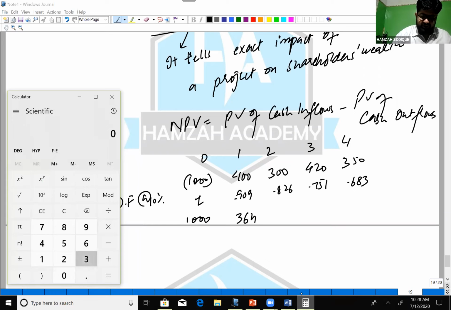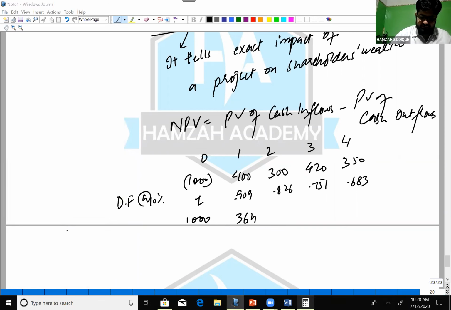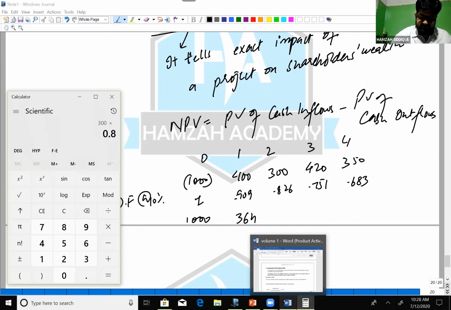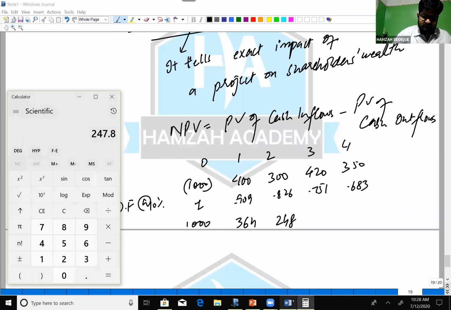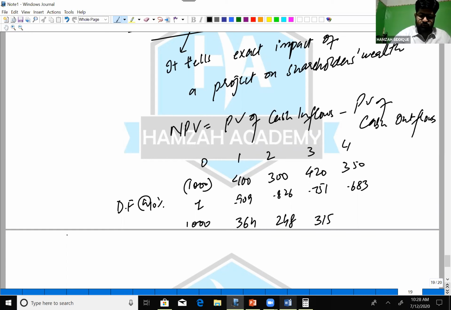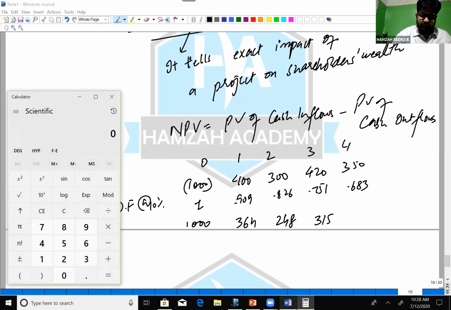Then 300 cross 0.826 is 248. Next, 420 cross 0.751 is 315. And the last one is 350 cross 0.683, which is 239.